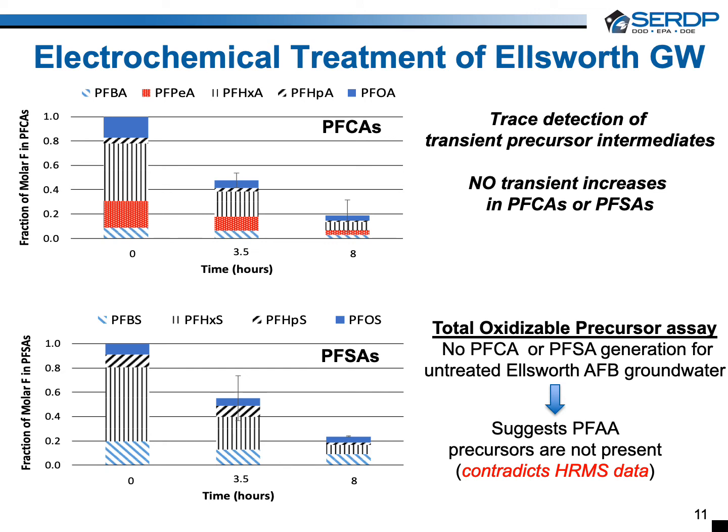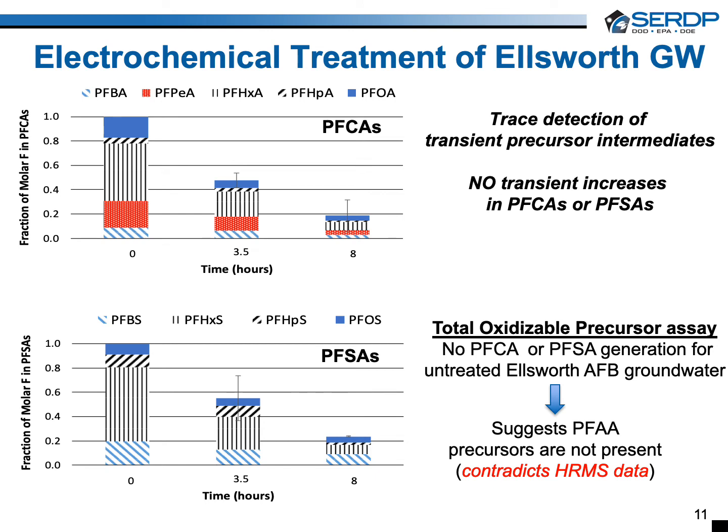So this is pretty interesting, and all this information seems to contradict the results we got from the high-res mass spec analysis, which says there were basically a lot more polyfluorinated compounds in the Ellsworth groundwater.